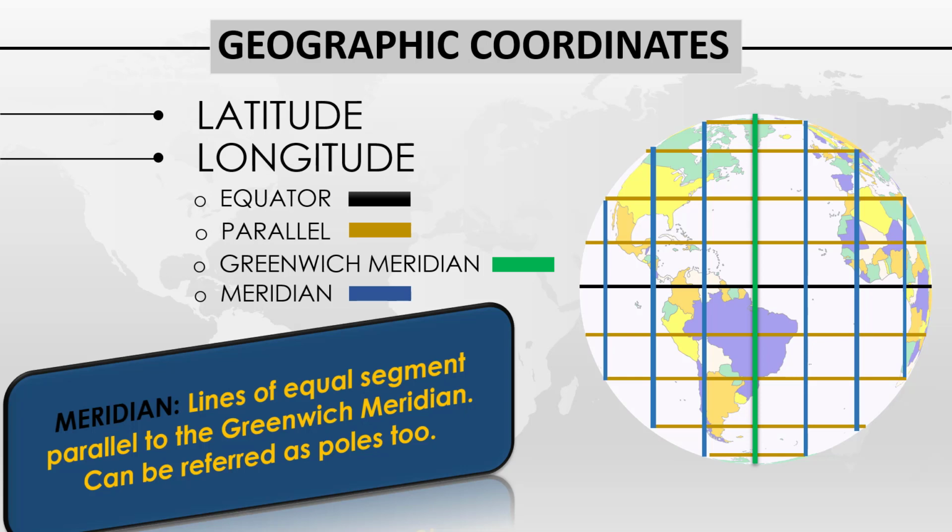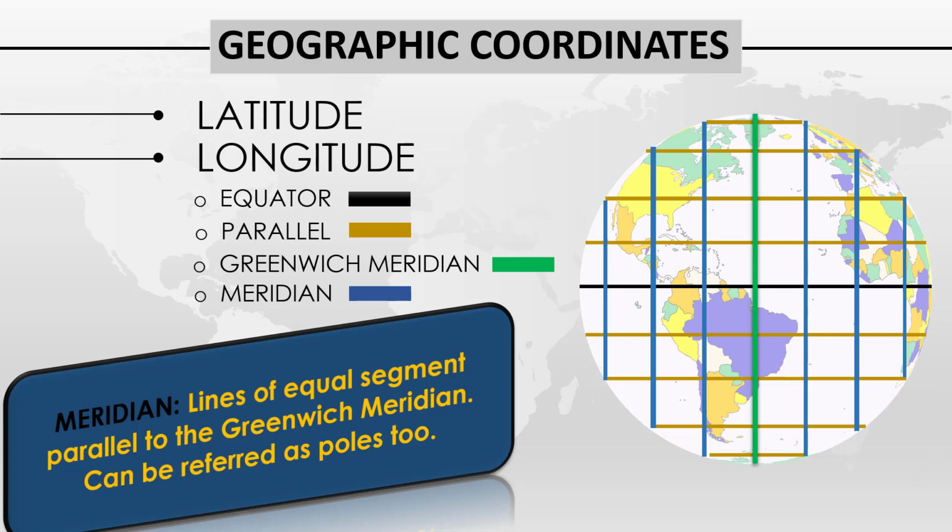The equator is the great circle dividing the Earth into two halves, the northern hemisphere and the southern hemisphere. And the parallels of latitude are lines or circles which are parallel to the equator. And the Greenwich Meridian is the line dividing the Earth into two equal halves.